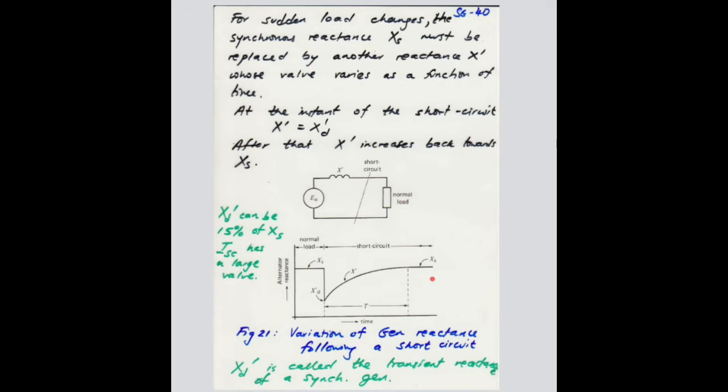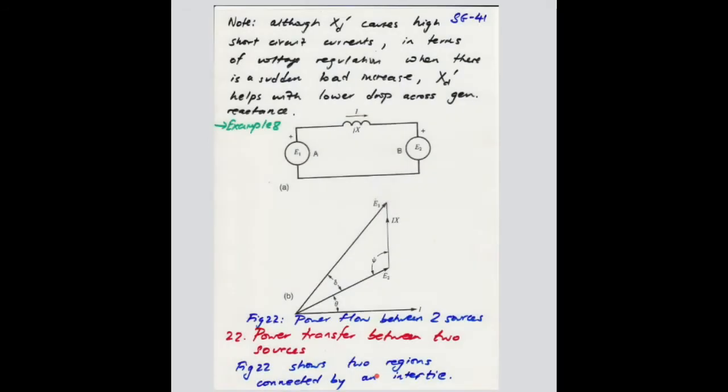Now, when we go into Machines 3, this curve will get a little more complex. But in Machines 2, we keep it in a simple form where we're showing only the transient reactance in this case of a short circuit. Obviously, you can see that the synchronous reactance has dropped its value when you apply a short circuit.